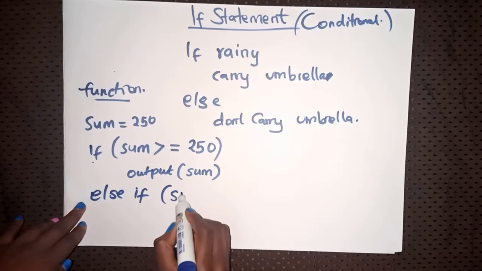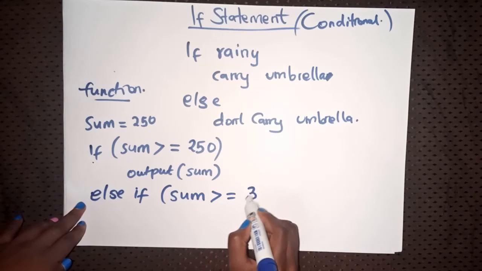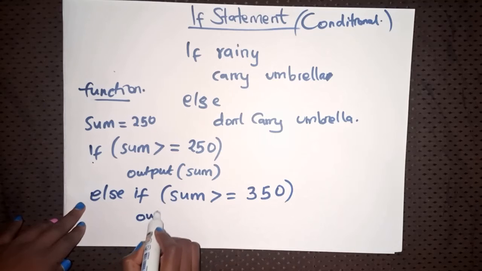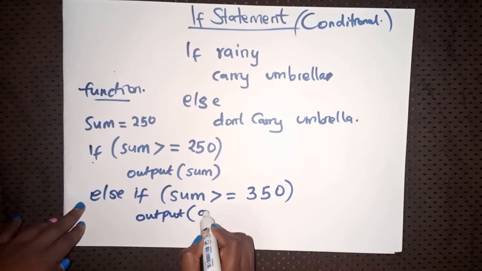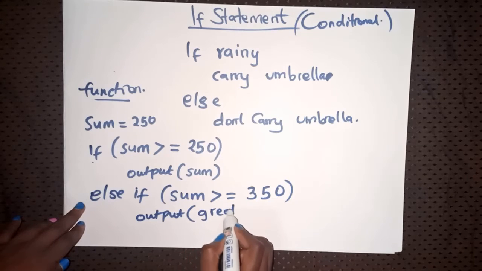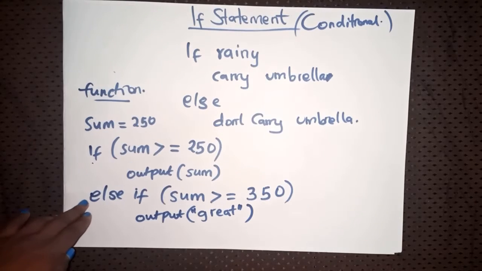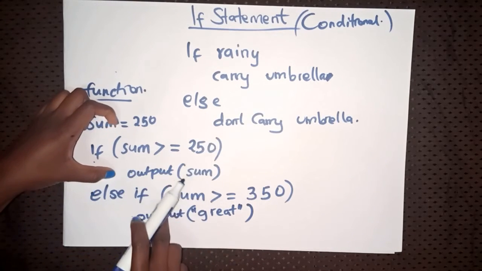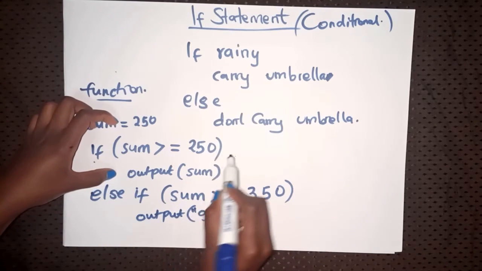Else if sum is greater than or equal to 350, do something different. You can just output something different. And so when the sum is greater than or equal to 250, this will be output. So we can add here an and.